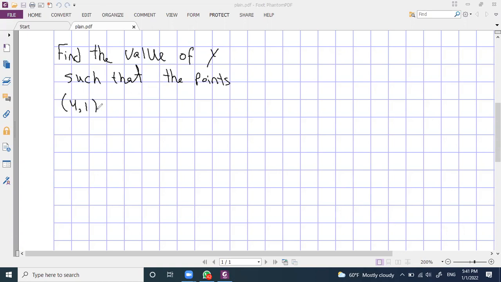Try this one now. Find the value of y such that the points (4, 1), (-2, 7), and (3, y) are collinear.